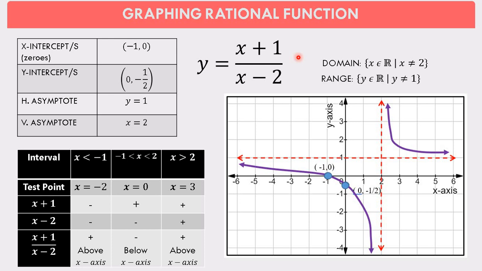The domain, as before, is x an element of real numbers where x is not equal to 2. And the range is y an element of real numbers such that y is not equal to 1. So 2 is the vertical asymptote and 1 is the horizontal asymptote.